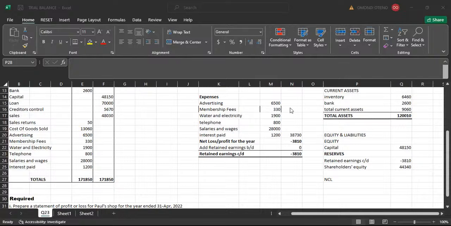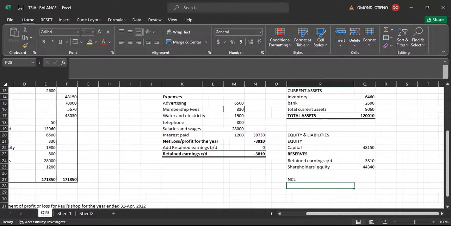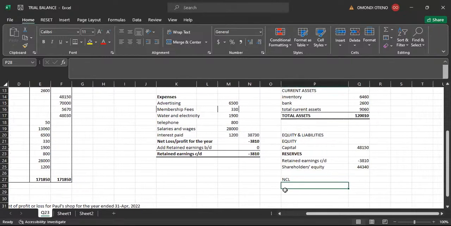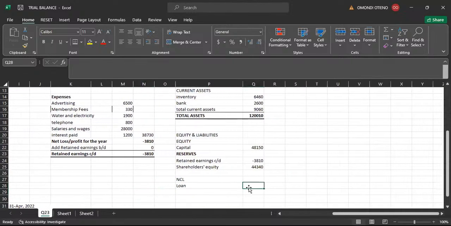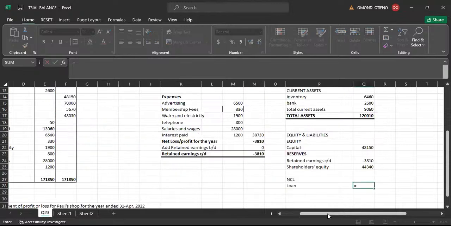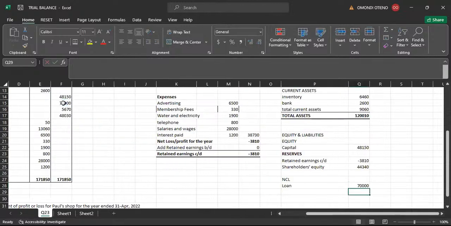So this non-current liability, remember, we have been given loan there. So we are assuming that that is a long-term loan, though it is not clear. In some questions, it will be clear. They will tell you that this is the current or non-current liability. So for our case, we are going to pick the loan figure as a non-current liability, unless there is any credit control that is not non-current.